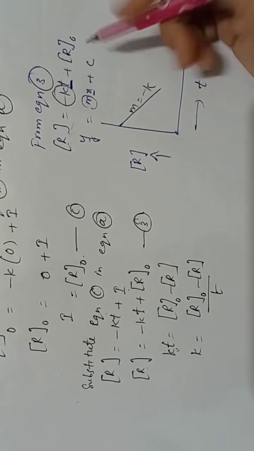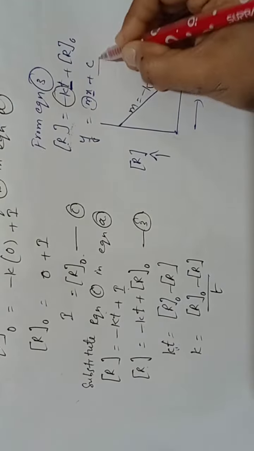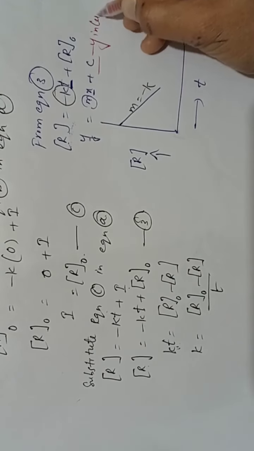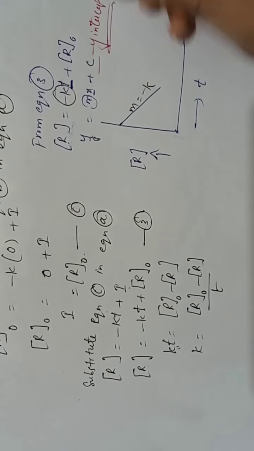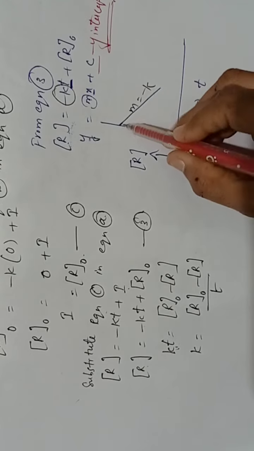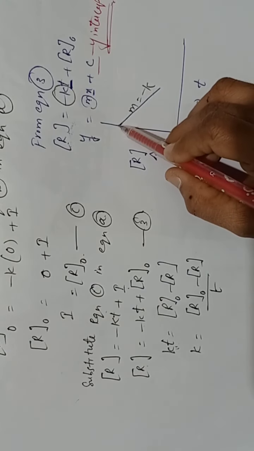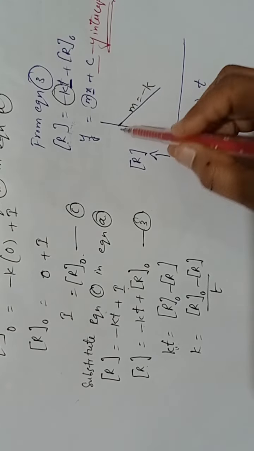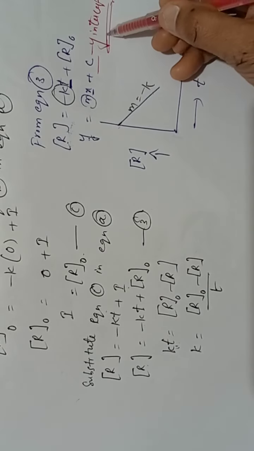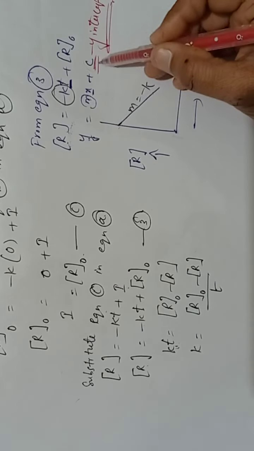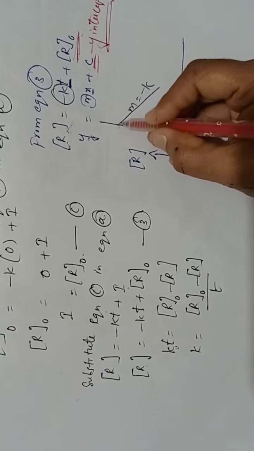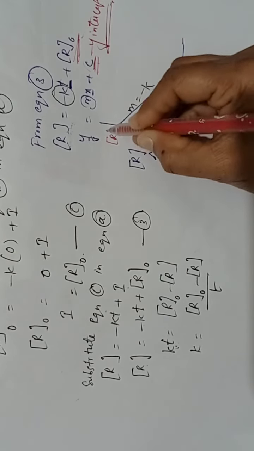And what is C? It is the y-intercept. What is an intercept? Where the line touches or cuts the y-axis is called the y-intercept. The y-intercept value is R naught, so this point is R naught.